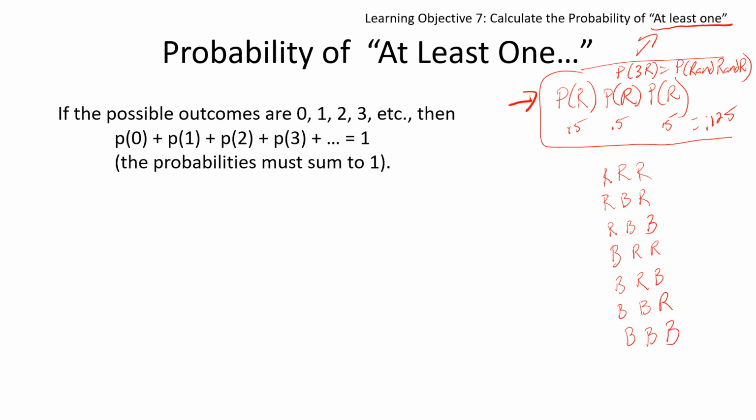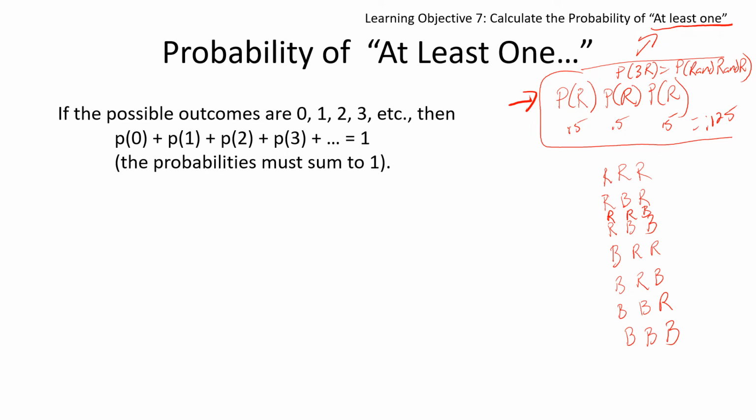I think I'm missing one, but maybe I'm not. Nope, I am definitely missing one. There should be 8, and I've only got 7. Oh, I'm missing red, red, black. So now we've got 8. Those are the 8 different possible outcomes.